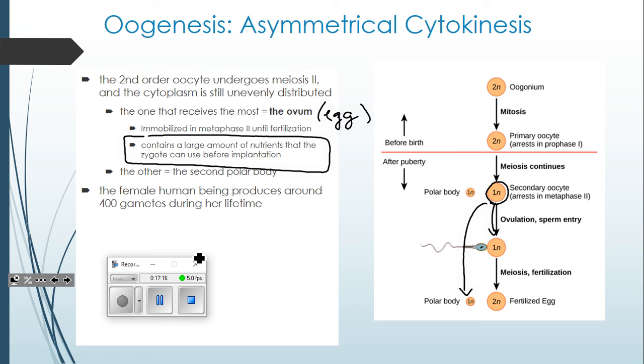And so it needs a source of nutrients. It needs a lot of cytoplasm, so lots of metabolic reactions can happen, and we can support the life of this developing cell. So that's why we need asymmetrical cytokinesis. Just like in meiosis 1, the other cell that we would make in meiosis 2, again, is a polar body.